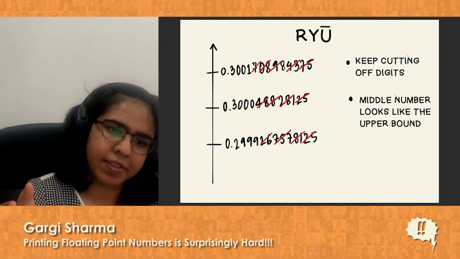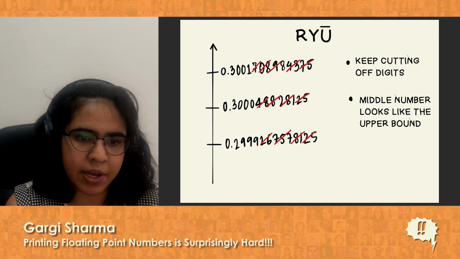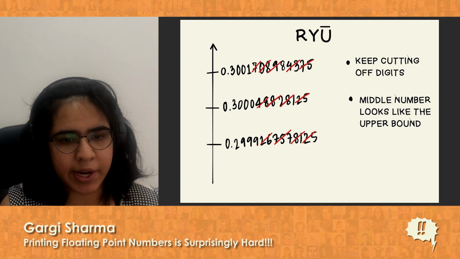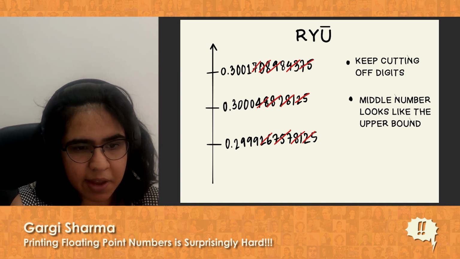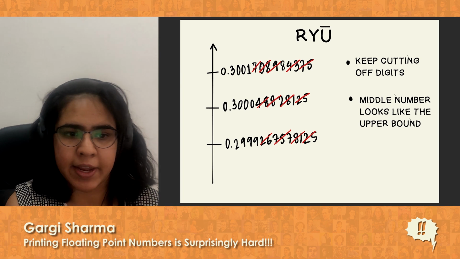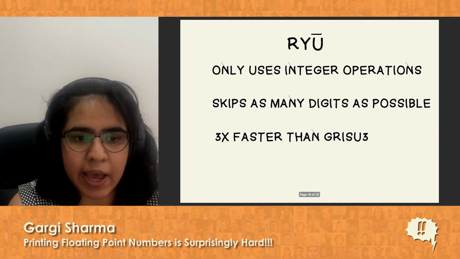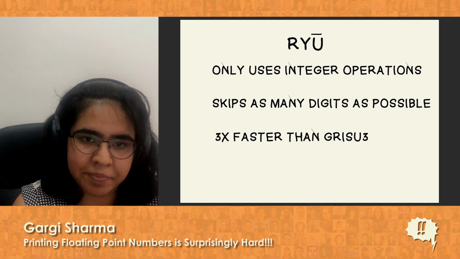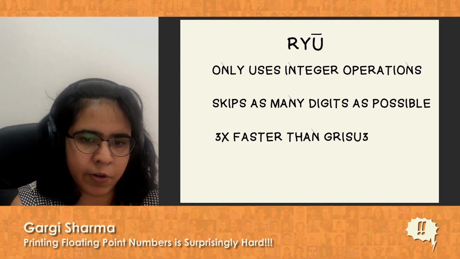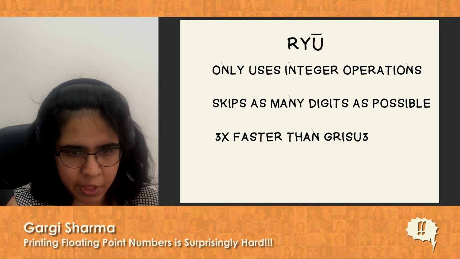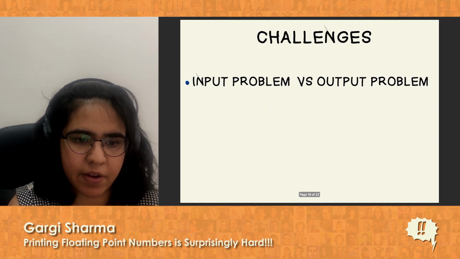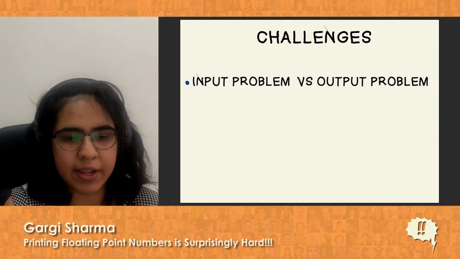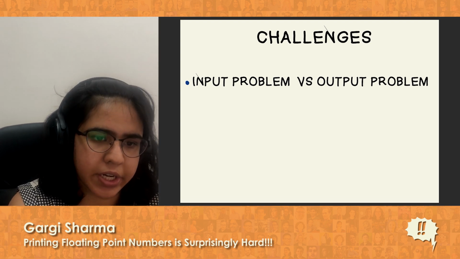Let's say we have a number that we want to print, and the number is 0.30004882815, and again we have a previous number on the number line and a next number on the number line, and the 4 criteria that we had from Dragon 4 are still being followed. All the algorithms follow these 4 criteria: information preservation, minimum length, correct rounding, and left to right generation.